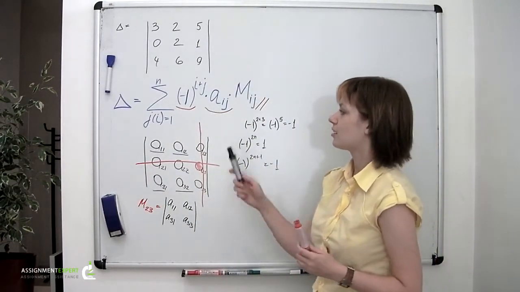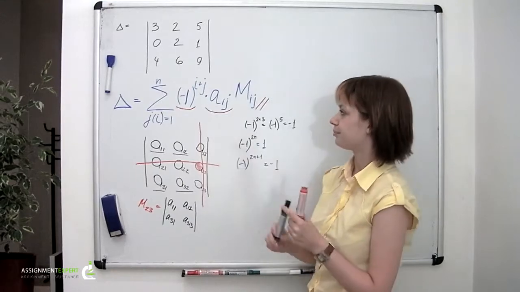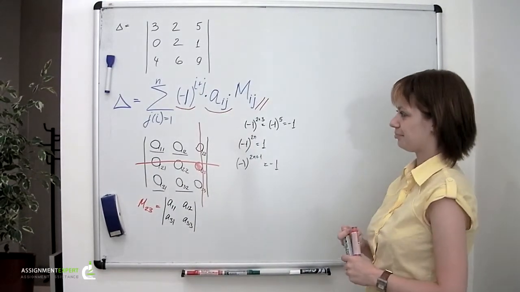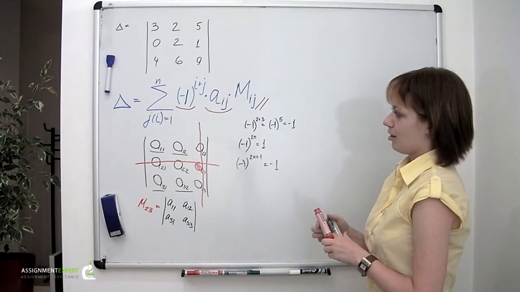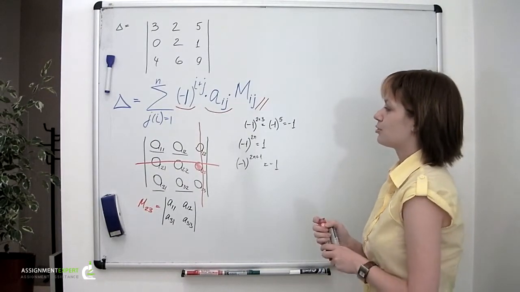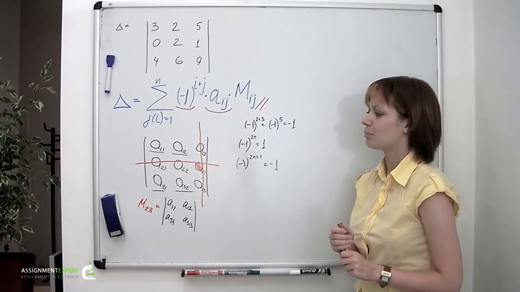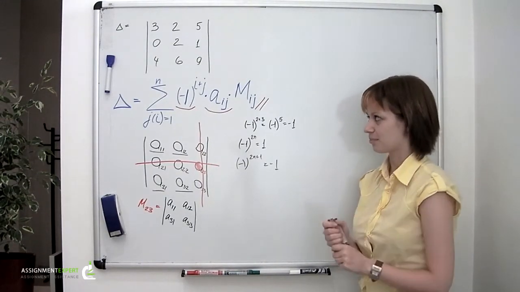Now we've defined all the components of the formula. Now let's try and learn how to use it. First of all, the rule says that we have to pick a row or a column by which the determinant will be defined.